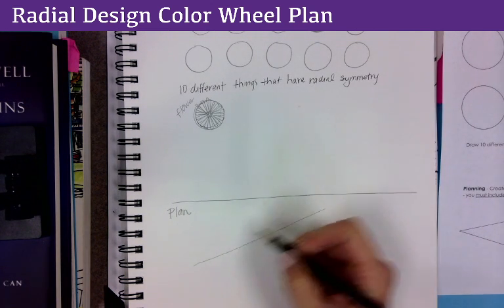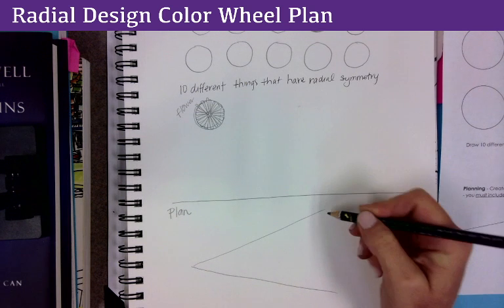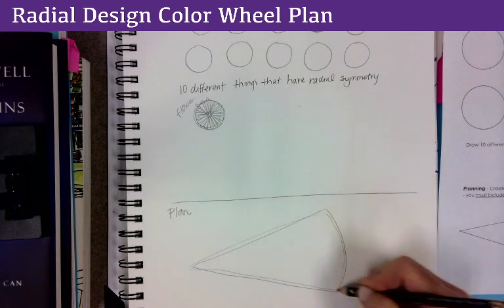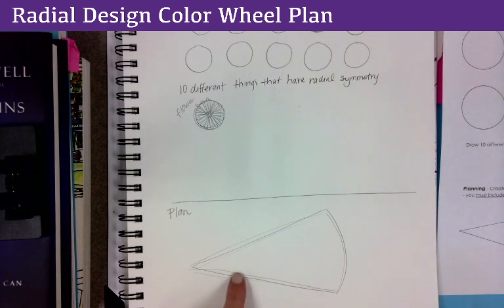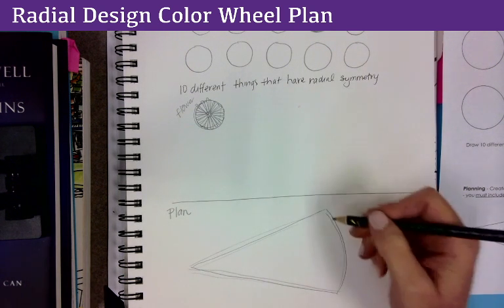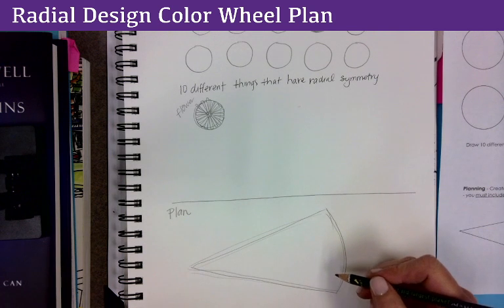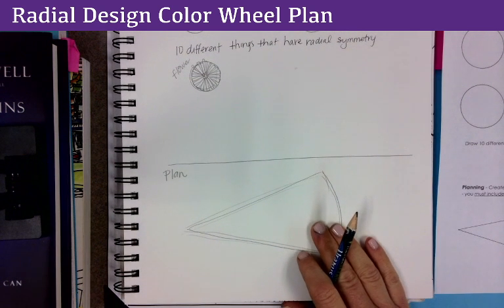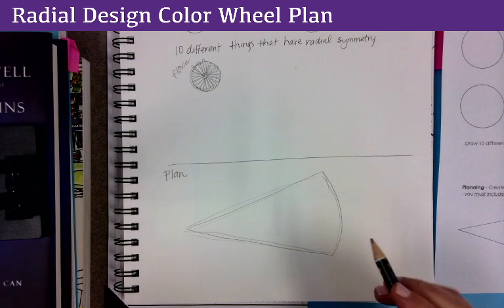If I'm going to do that in my sketchbook, this is not based on measurements right now. It's just showing me what that slice would be, and then I am going to divide this or make a design inside of the slice that has at least 12 different spaces.